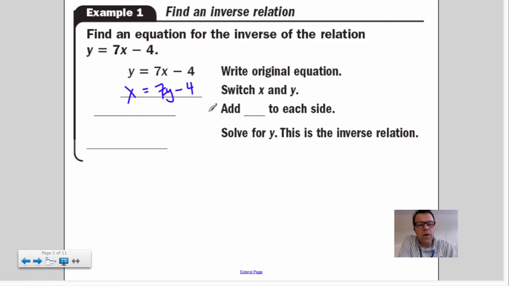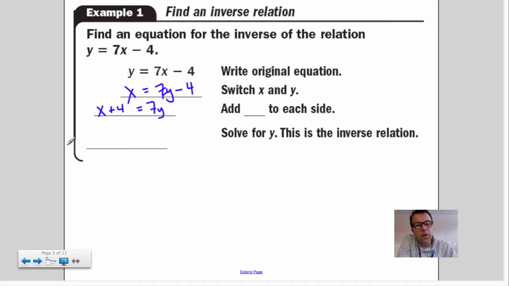And now you could say, hey, I'm done, but the standard way to present relations or functions is to set them equal to y. So here we would add 4 to both sides and get x plus 4 is equal to 7y.